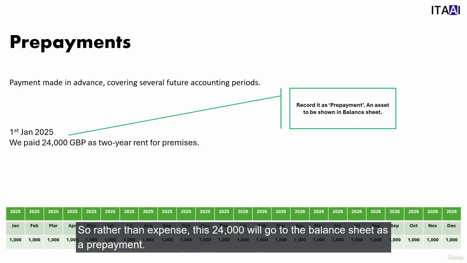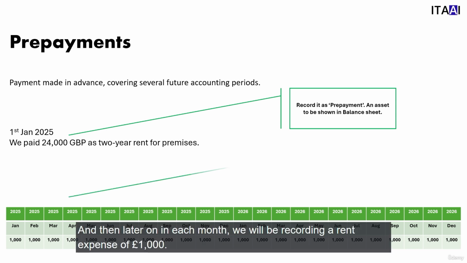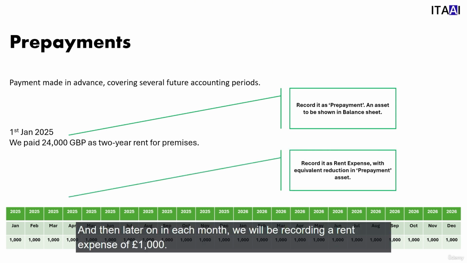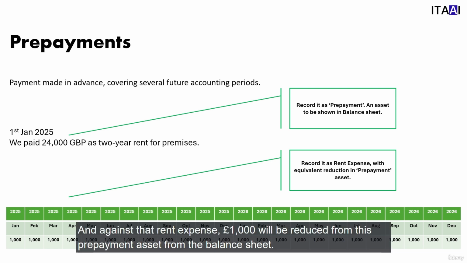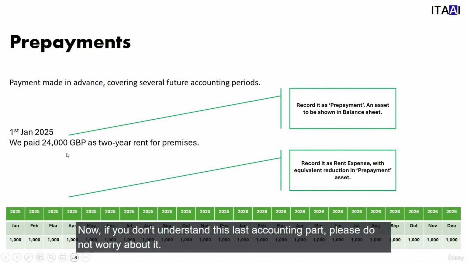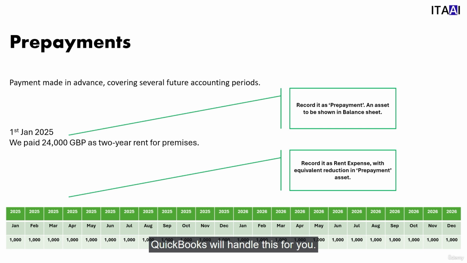So rather than expense, this 24,000 will go to the balance sheet as a prepayment, and then later in each month we will be recording a rent expense of £1,000 that will go to the profit and loss statement, and against that rent expense, £1,000 will be reduced from this prepayment asset on the balance sheet. Now if you don't understand this last accounting part, please do not worry about it. QuickBooks will handle this for you.